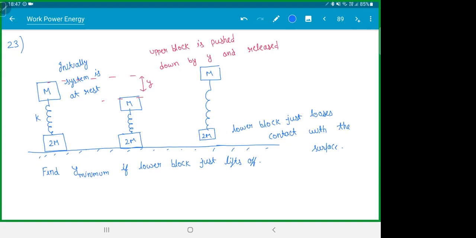Why is it 2mg by k? Okay. Someone got 4mg by k. If someone has mucked up the answers from some other question, that's what happens. Let's see. Solve. 4mg by k. Now I don't know the answer.